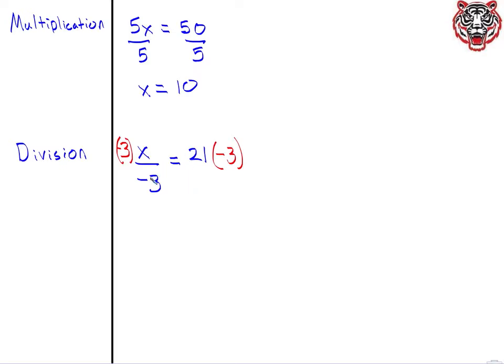So the -3 and -3 will cancel each other out, and I can do that with a highlighter tool. So what I'm left with is a regular x, no negative, is equal to, and then what's the correct answer by a quiet raised hand? Beverly. -63. Box the answer.